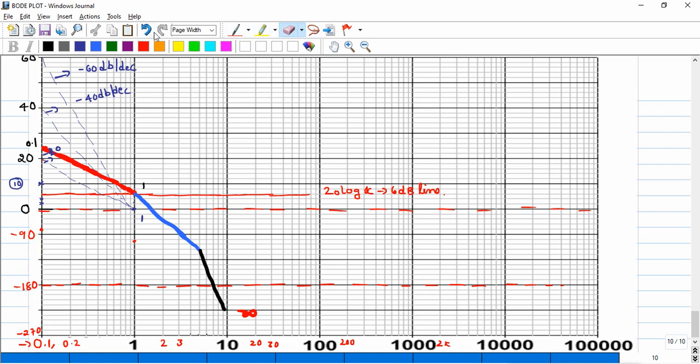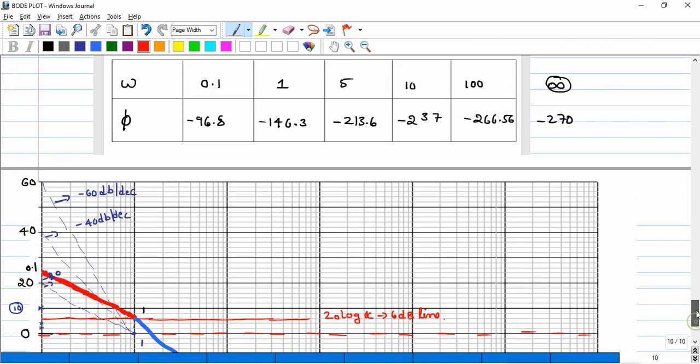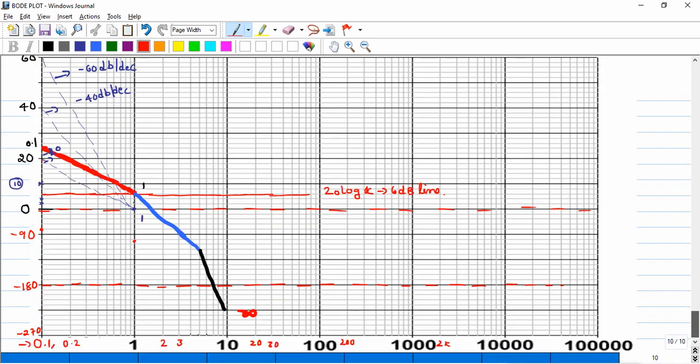And when I substitute omega as the next one, the corner frequency 1, we are getting minus 146. I will mark it, you need to measure each division. So somewhere here I will mark.